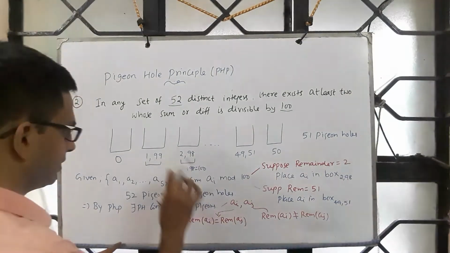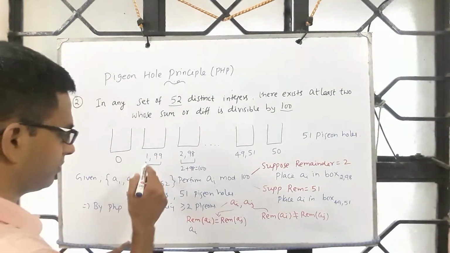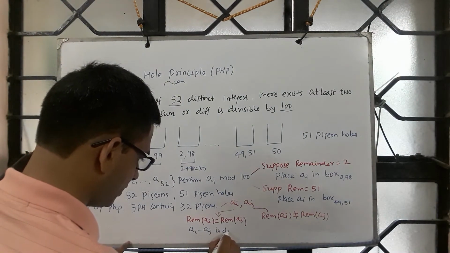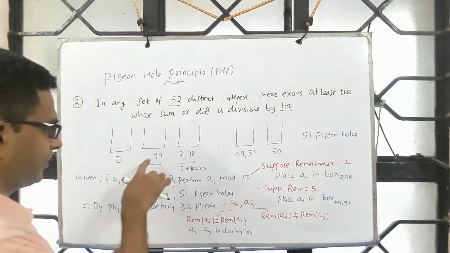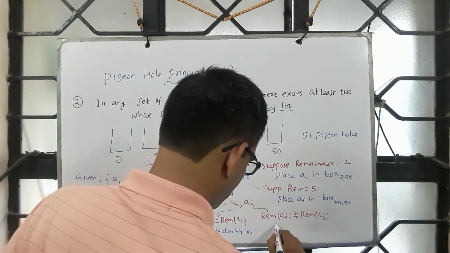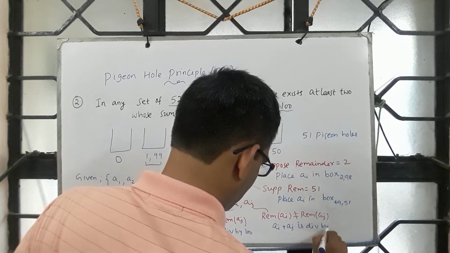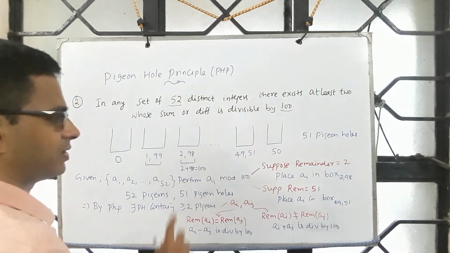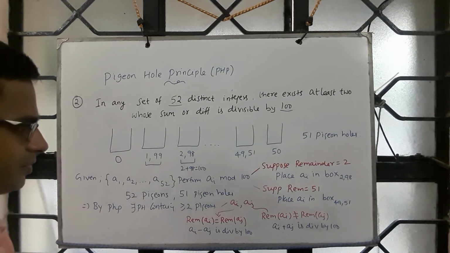If the remainder is same, say for both it is 1, then you subtract, difference AI minus AJ is divisible by 100. For one remainder is 1, for the other one remainder is 99. You sum up, you get 100. So AI plus AJ is divisible by 100. Both are here, then difference is divisible by 100. Both are here, difference is divisible by 100.